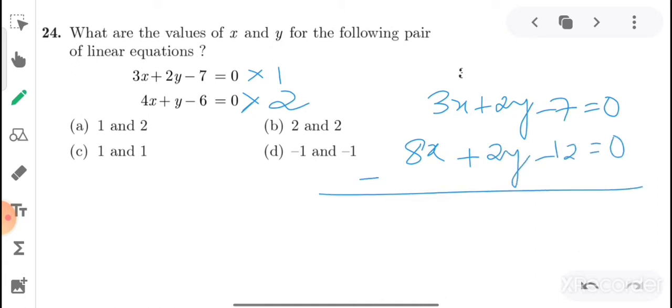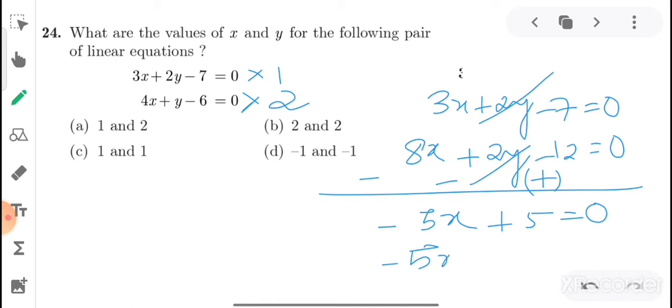If we subtract the two equations, then 2y cancels and minus 5x plus 5 equal to 0, and minus 5x is equal to minus 5, hence x will be 1.